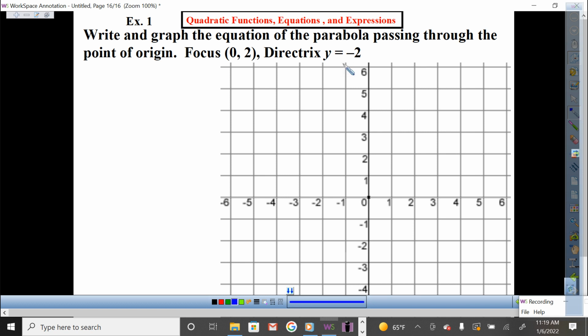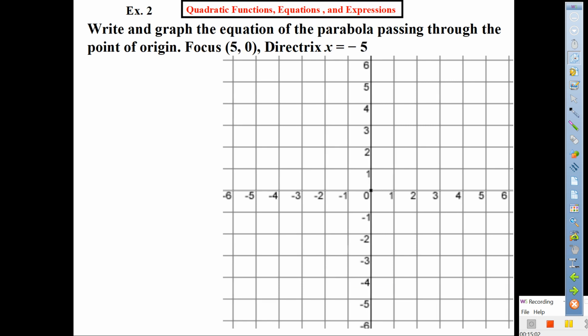Turn to your neighbor and let them know the equation that we would use for this one. Yeah, x squared equals 4py. Okay, let me move on.